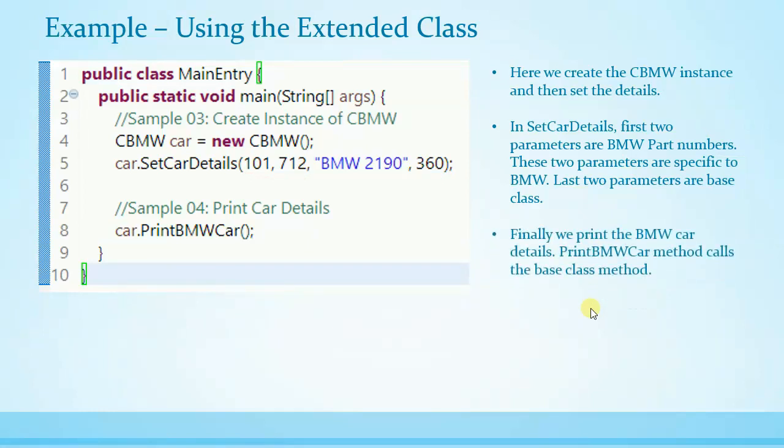Finally, we make a call to printBMWCar at line number 4. So this will print the content of the BMW as well as the base class members, car name and maximum speed. Let us explore this in Eclipse.